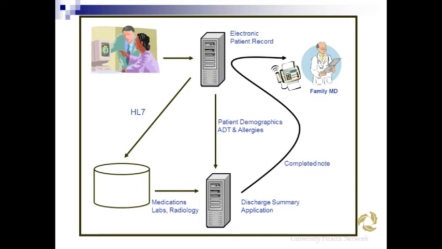Once a note is completed and signed off, it then gets sent back into the electronic patient record through an HL7 feed, where it piggybacks on the standard dictation and transcription processes and gets auto-faxed out to the community physicians. We're hoping at some point to leverage secure email to get rid of the auto-faxing component. But essentially, that architecture is how all of our applications work.